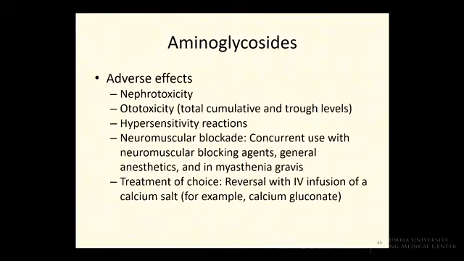So if you're using aminoglycosides concurrently with other neuromuscular blockers or other general anesthetics, okay, or in patients who have myasthenia gravis, you run the risk of excessive paralysis. Okay? And of course, your greatest concern with excessive paralysis is respiratory depression. Okay? So you need to be very careful with that.